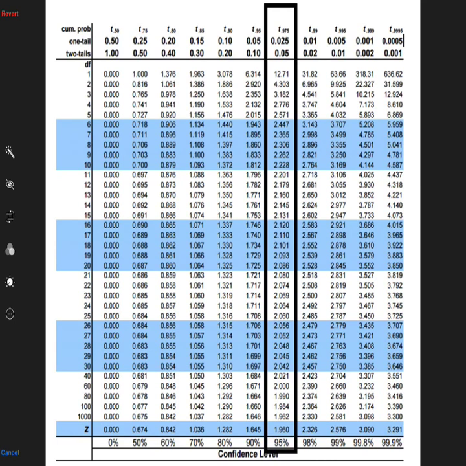Yeah, can you see that? 2.447 for the 6 degrees of freedom, i.e. sample size of 7, 95% confidence level. Okay, happy with that?